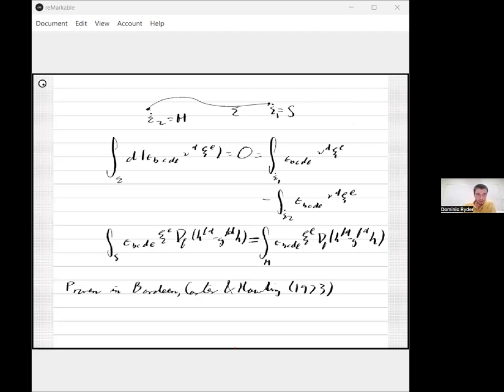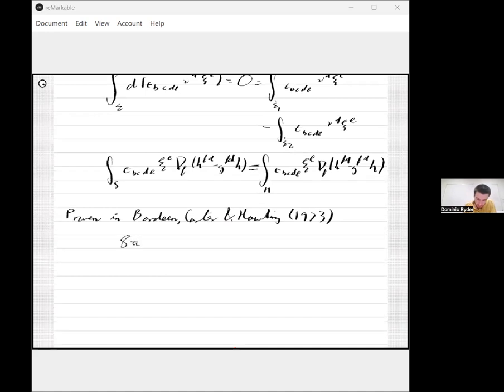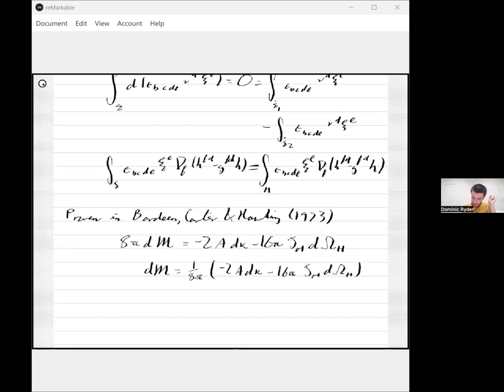Now the left-hand side is equal to 8 pi dM, and the right-hand side is equal to minus 2A d kappa minus 16 pi JH d omega H. Okay, just writing this in slightly different form: minus 2A d kappa minus 16 pi JH d omega H.